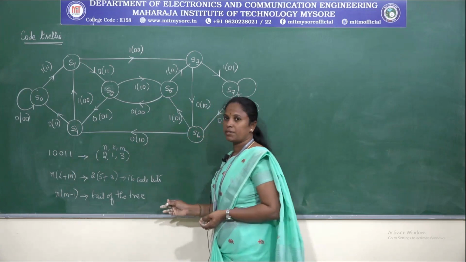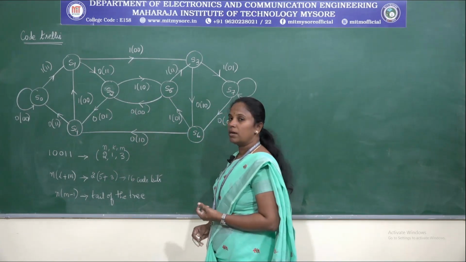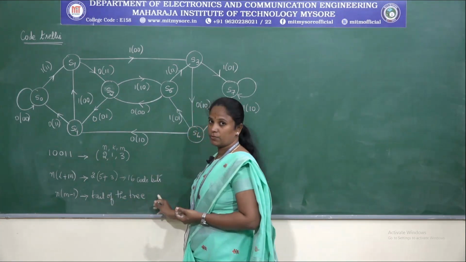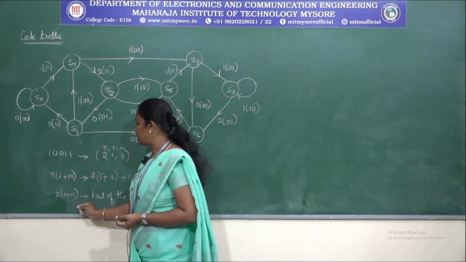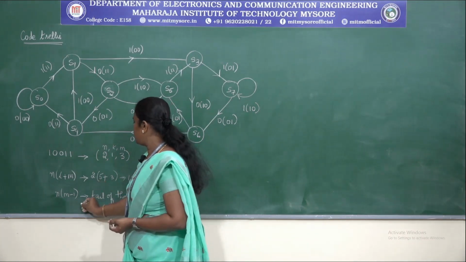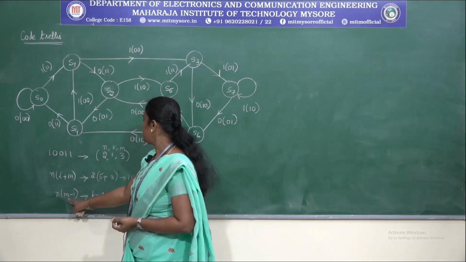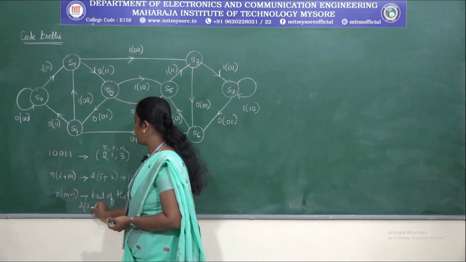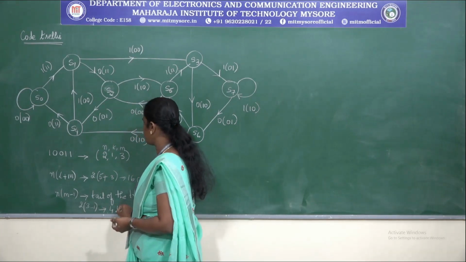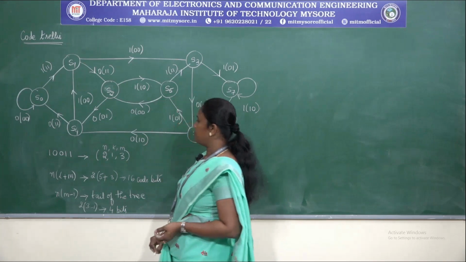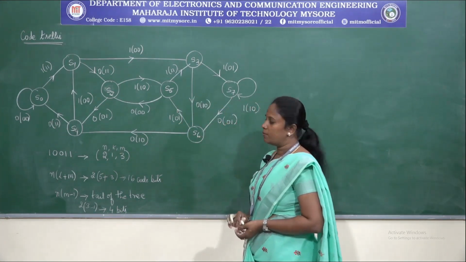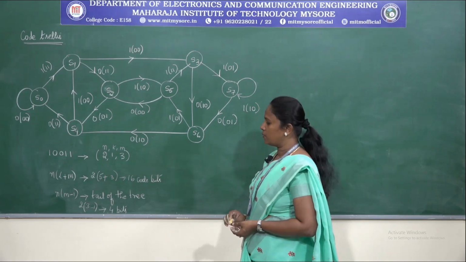The rest 6 bits, the extra bits we need to add, we get from the tail of the tree. We represent the tail of the tree by N into M minus 1. N is 2, M is 3, 3 minus 1, that means 4. Additionally we need to add 4 bits for the extension of the tail of the tree.